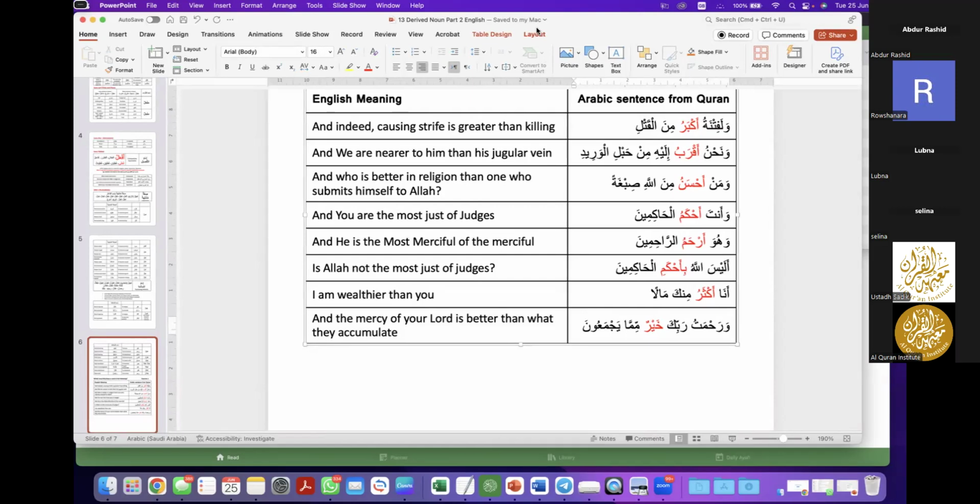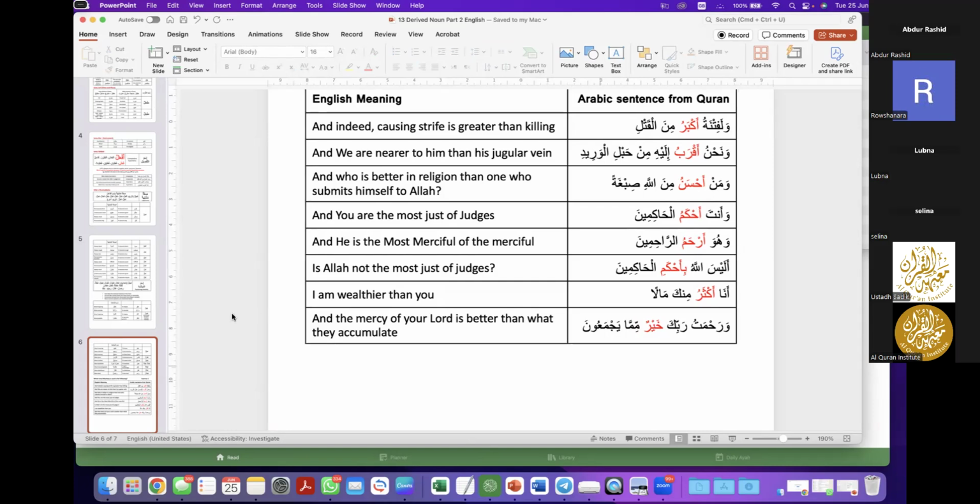The meaning can also be superlative, correct, based on context. Yes, best, and presence of min. Okay, mashallah. Very good one, thank you.